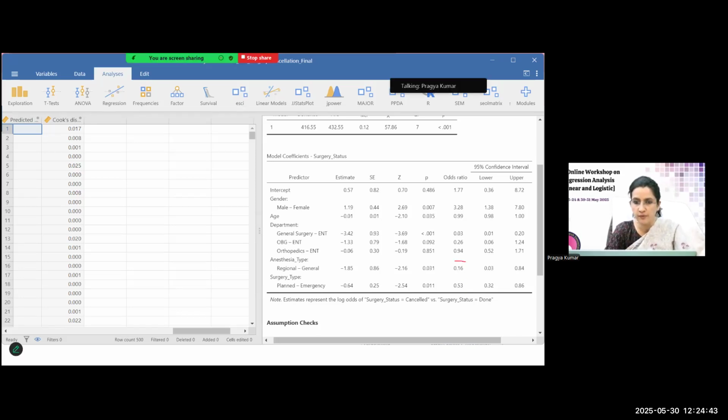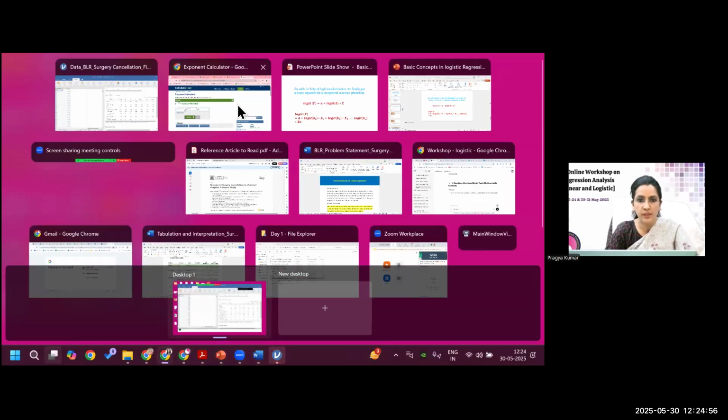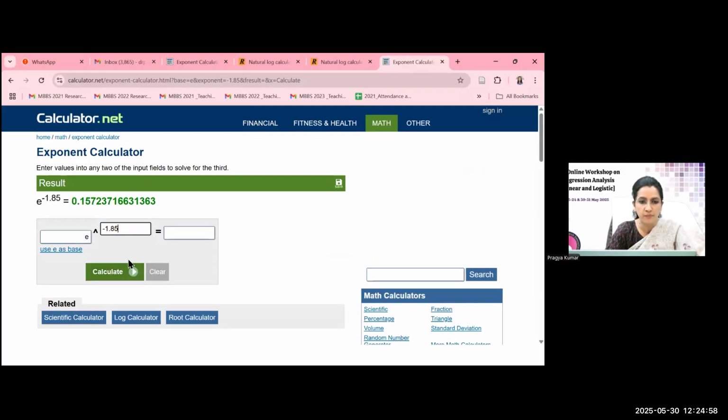Similarly, let's calculate minus 0.64. So it is 0.53.